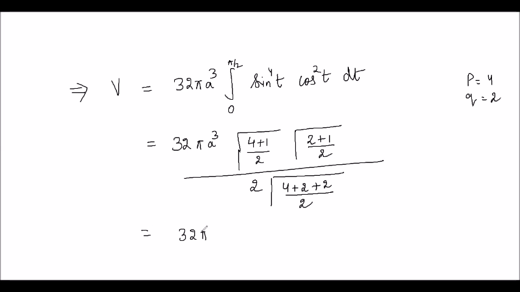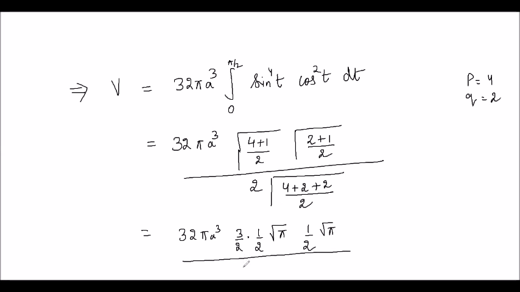32 pi a cube, this is gamma of 5 by 2. Gamma of 5 by 2, by the reduction property, we can write as 3 by 2, 1 by 2, and we know gamma of 1 by 2 is root pi. The second is gamma of 3 by 2. Again, by the reduction property, we can write it as 1 by 2 gamma of 1 by 2, and gamma of 1 by 2 is root pi.